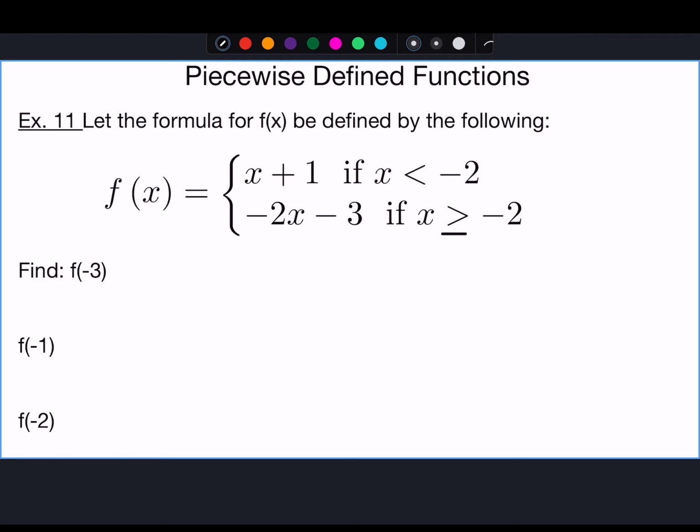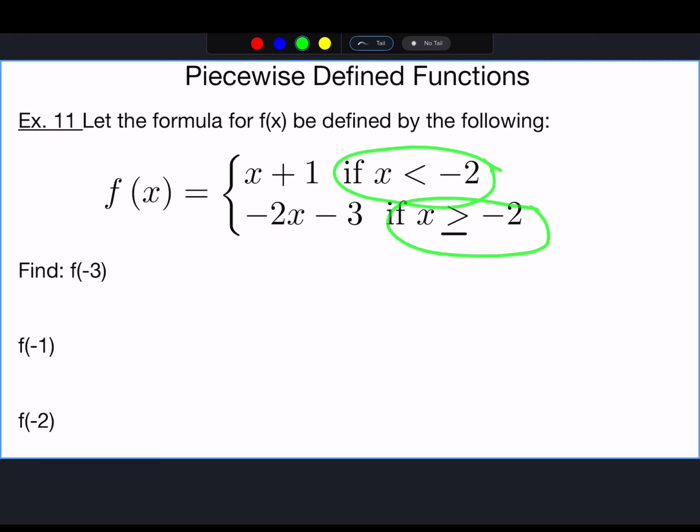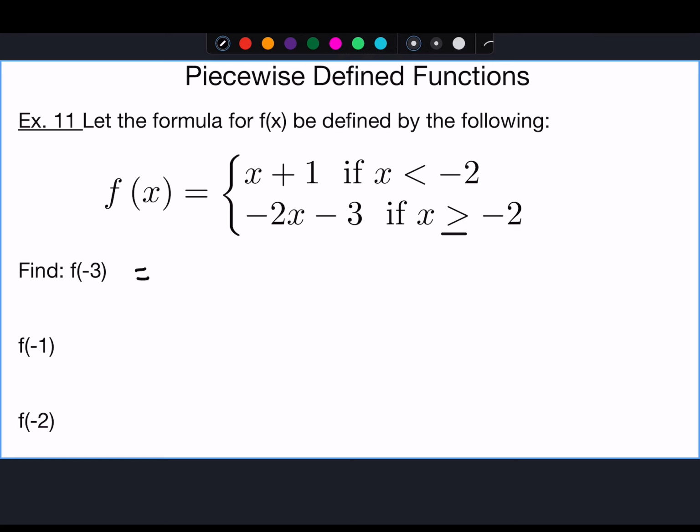Okay. -3 is in our domain. Which one of these pieces is it in? Is it less than -2 or is it greater than or equal to -2? It's definitely less than -2. Now that we agree on that, that means that this is the formula we use. So in place of x, we put a -3.